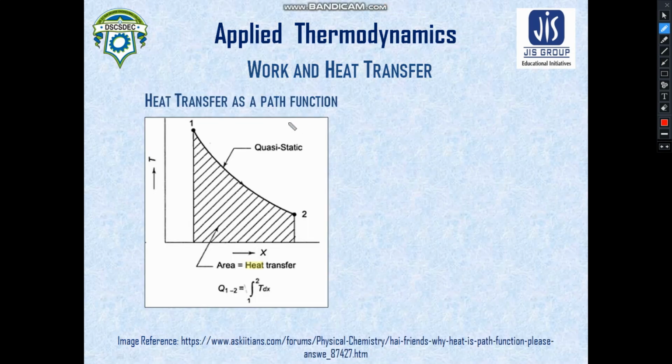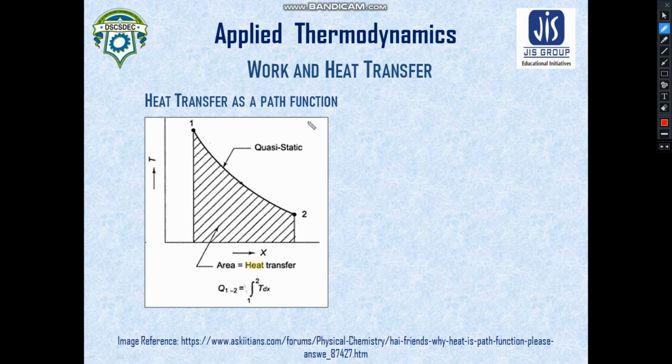So just like work transfer, heat transfer is also a path function. The amount of heat which is transferred when the system changes its state from point 1 to point 2 always depends on the path, it doesn't depend on the states.